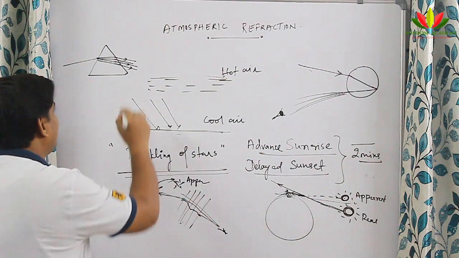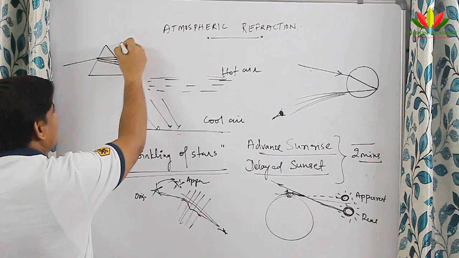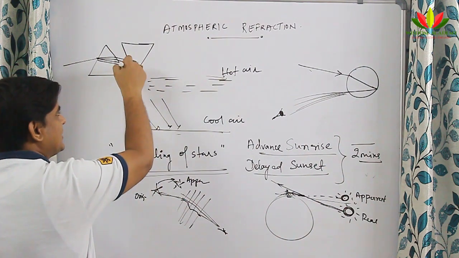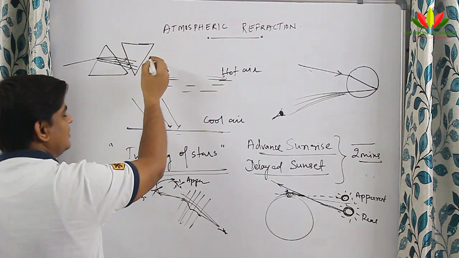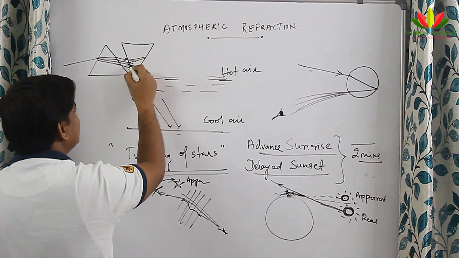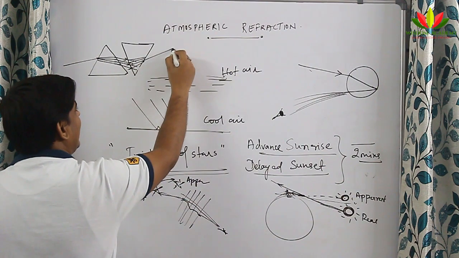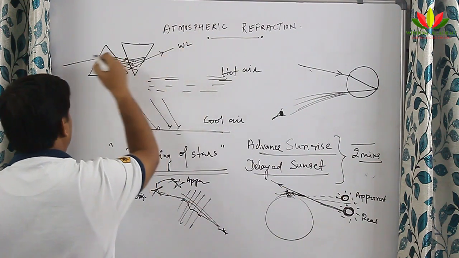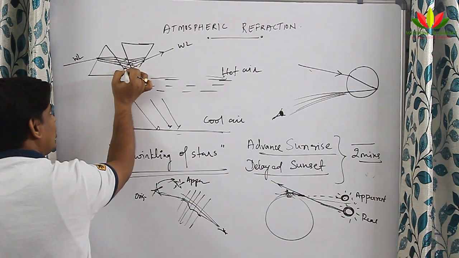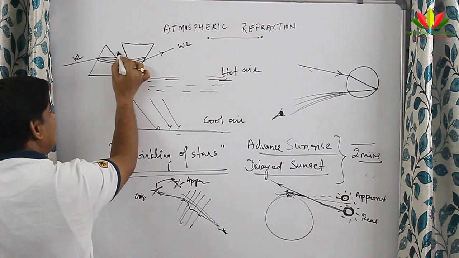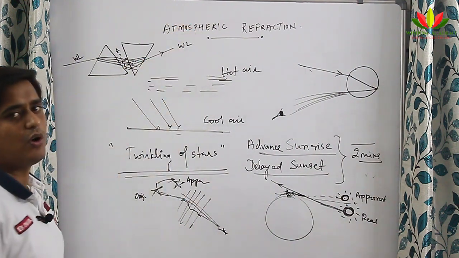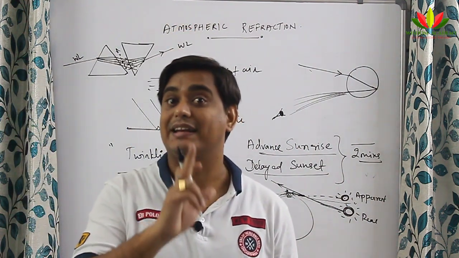Rather, when he kept an inverted prism of the same angle in front of a prism, he found that all these light rays were bending once again, and finally one white light came out. So white light dispersed into the 7 different colors of VIBGYOR, and finally this VIBGYOR light got combined again and came out of the inverted prism as white light.